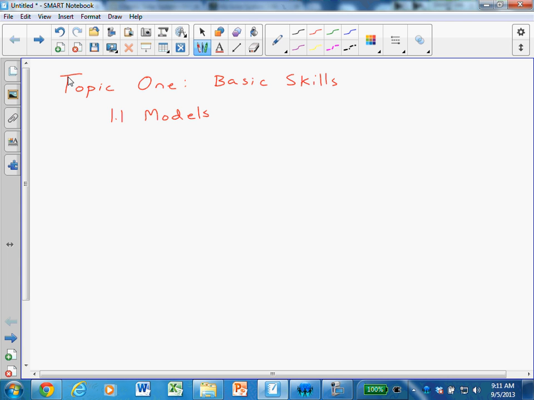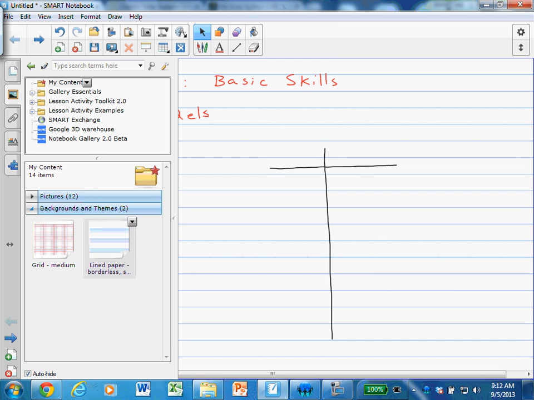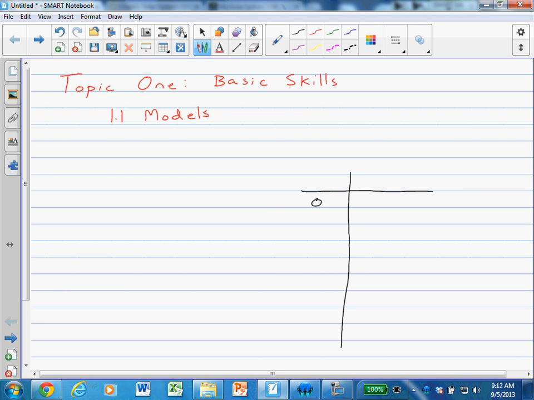Now, if I just wrote in my lab notebook, you're not writing in your lab notebook, but you're writing it on your notes, say I just wrote something like this.